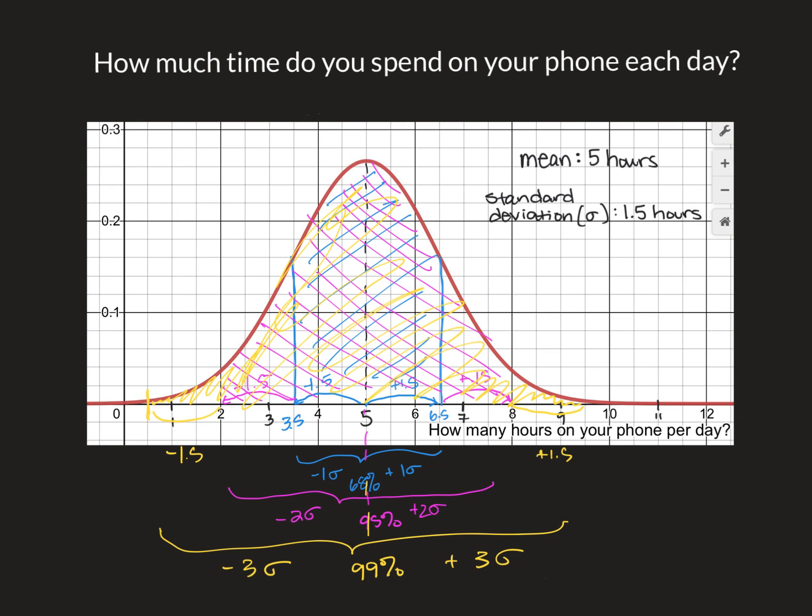So this says that 99% of people use their phone from between half an hour a day all the way up to 9.5 hours a day, which is the majority of everybody. Let me know what questions you've got.